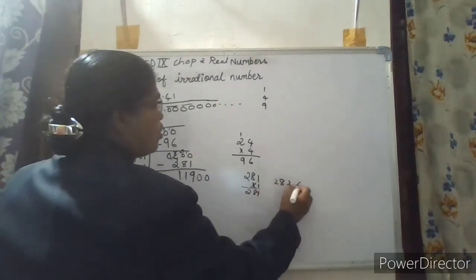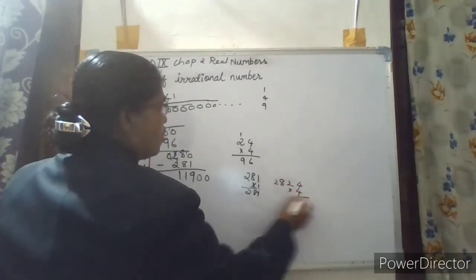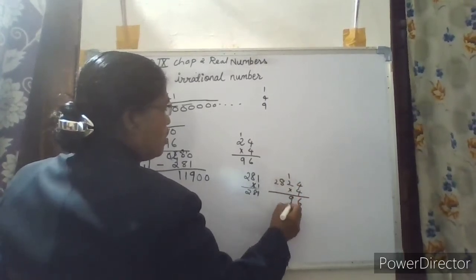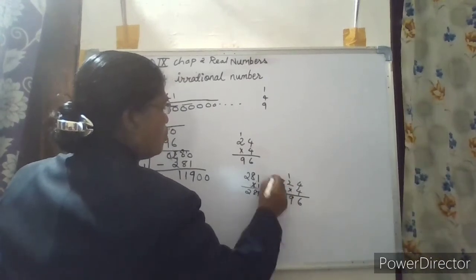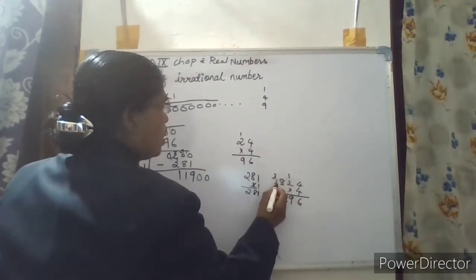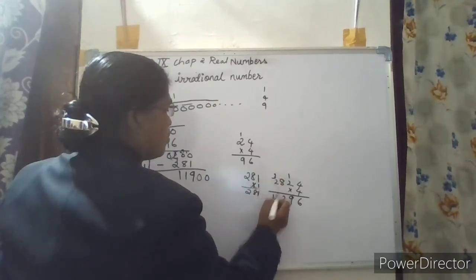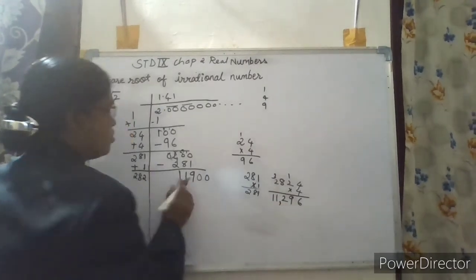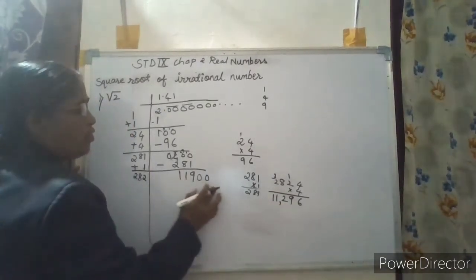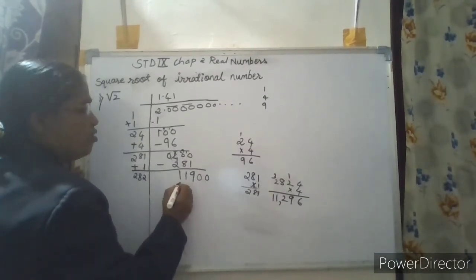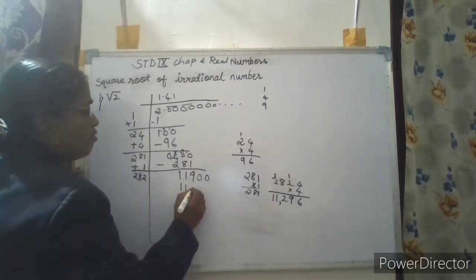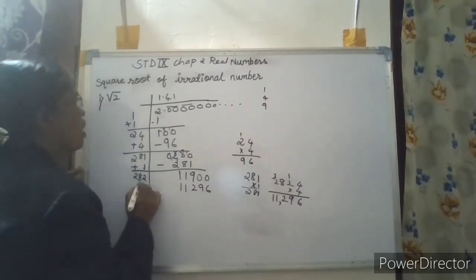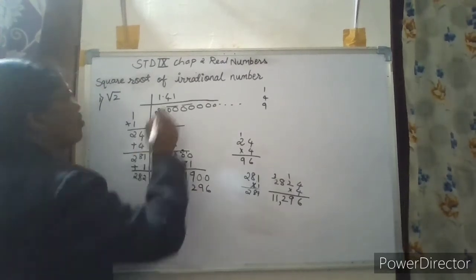I'll take 4. 4 fours are 16, carry 1. 4 eights are 32, plus 1, 33. 11,296 is very near to 11,900. Therefore, write 11296, and I have taken 4.